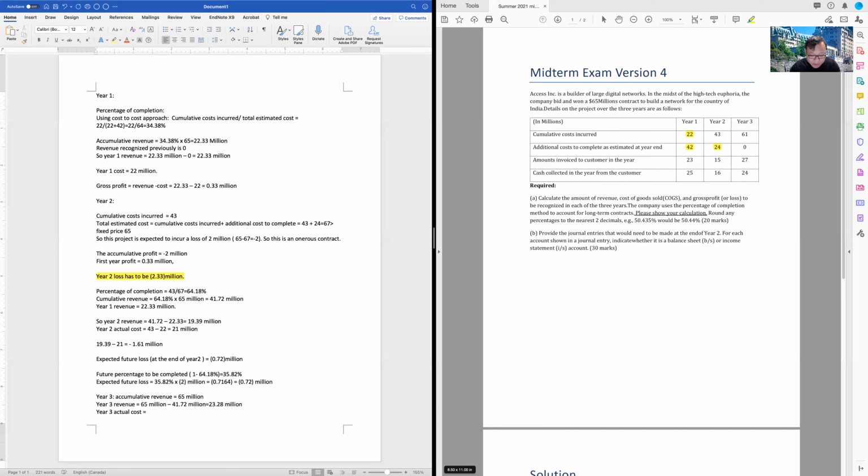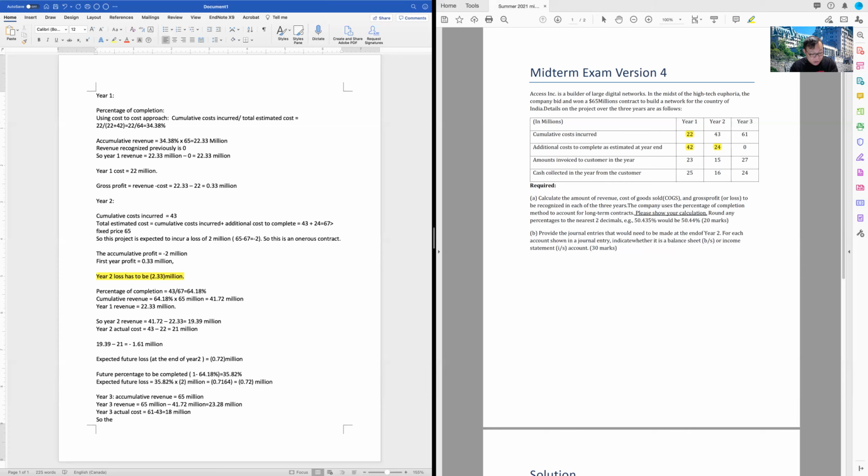So that would be 61 minus 43. The total cumulative cost is 61 minus the previous cumulative cost. That increase is the actual cost incurred for year 3. So this is going to be 18 million.